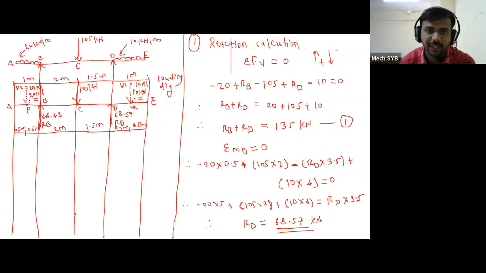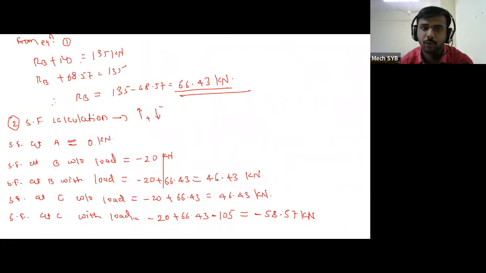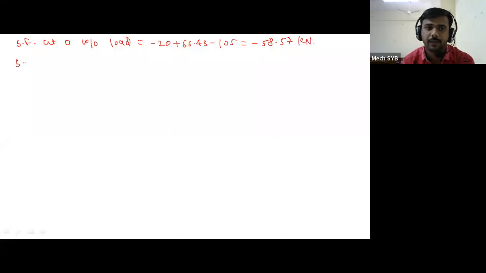Now tell me how many forces are at the left side of the point D? 3 forces. एक UDL, एक रिएक्शन आणि एक पॉइंट लोड. मग पहिल्यांदा UDL घ्या -20, परत रिएक्शन B घ्या, किती आहे? 66.43. -105, म्हणजे परत तेच आन्सर येणार काय? -58.57 kilonewton.